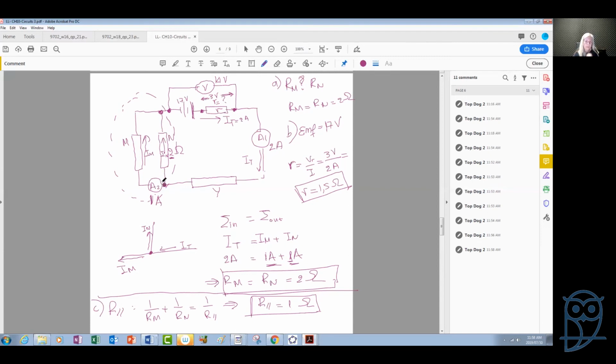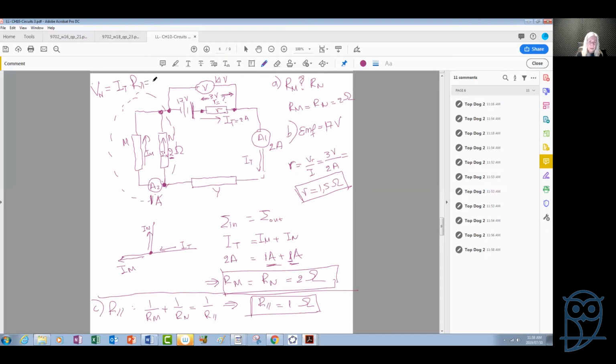Okay, if this is 1 ohm, then if I apply Ohm's law across this branch now, what do I need to find? Calculate the potential difference. Okay, potential difference V across, let's call it, the resistor N. This is I times, in other words, the total current that goes through the equivalent resistance of the two parallel resistors, times the resistance of the parallel connection.